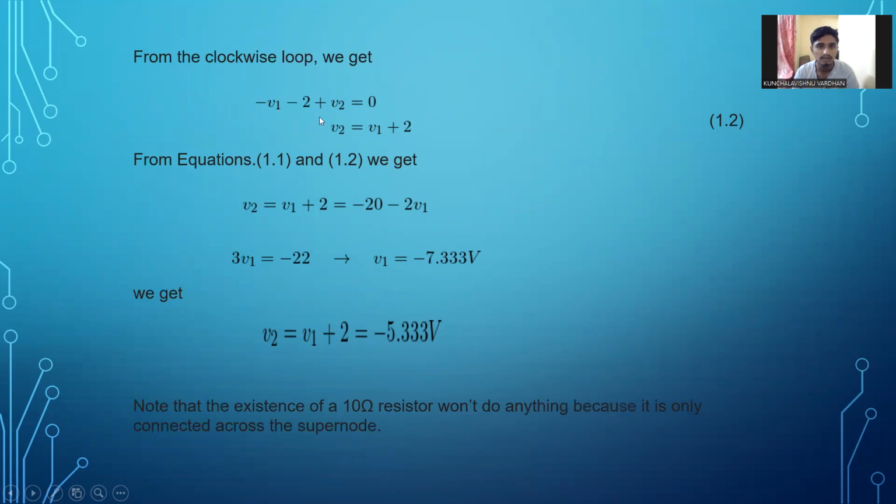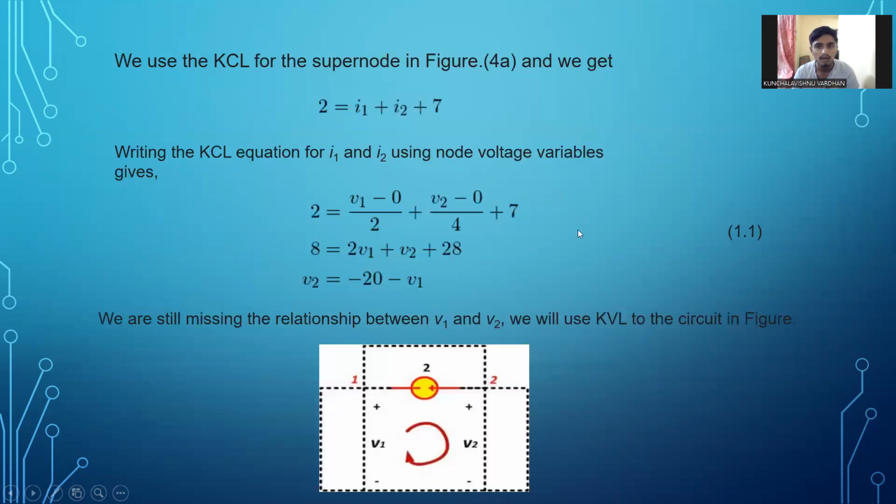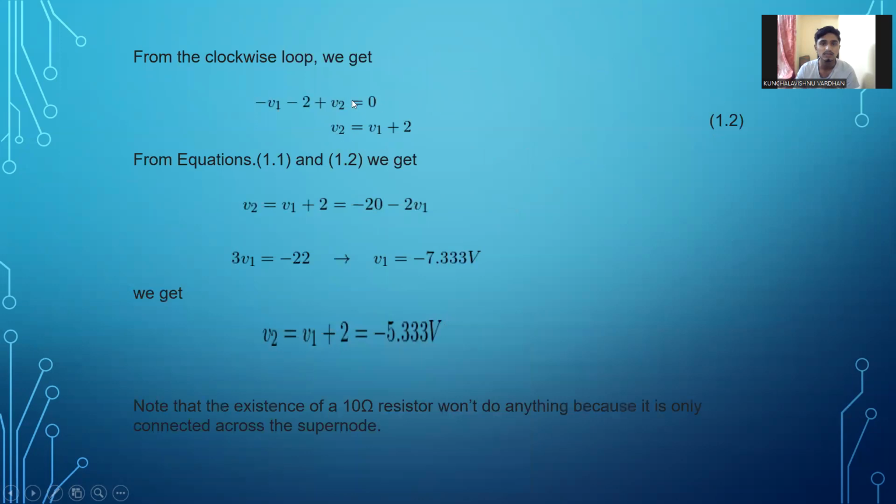From equations 1 and 2: this is equation 1, V2 equal to minus 20 minus V1, and this is the second equation, V2 equal to V1 plus 2. So V1 plus 2 equal to minus 20 minus V1.